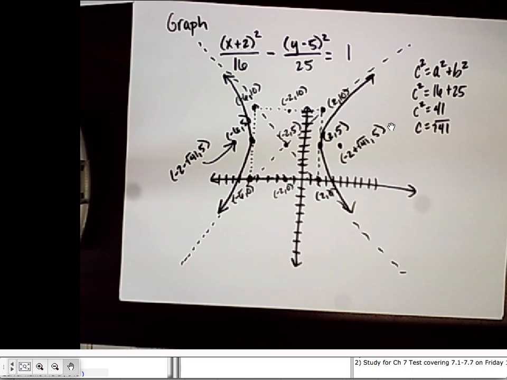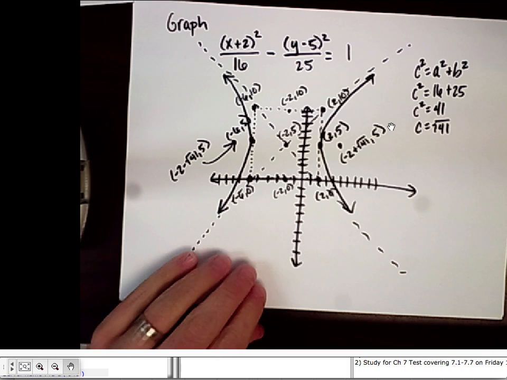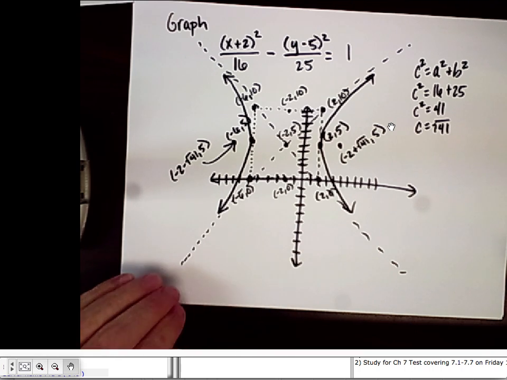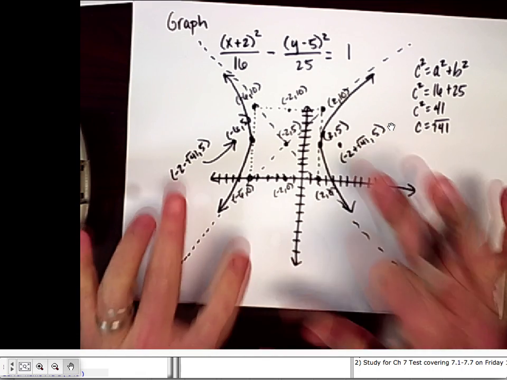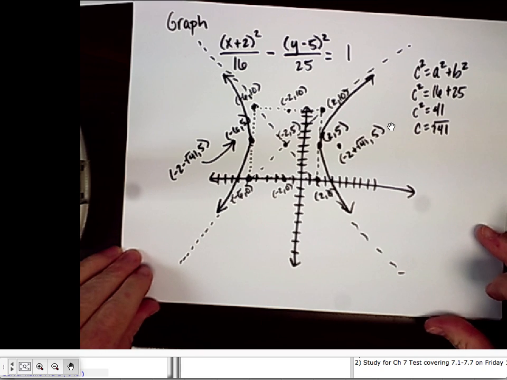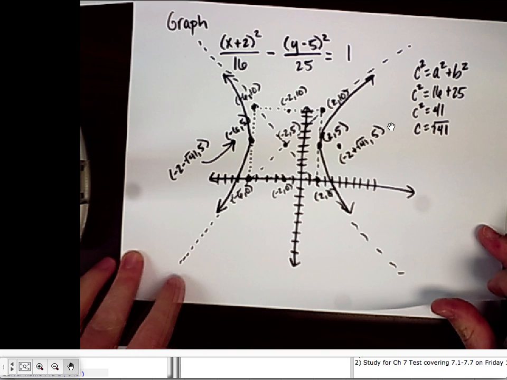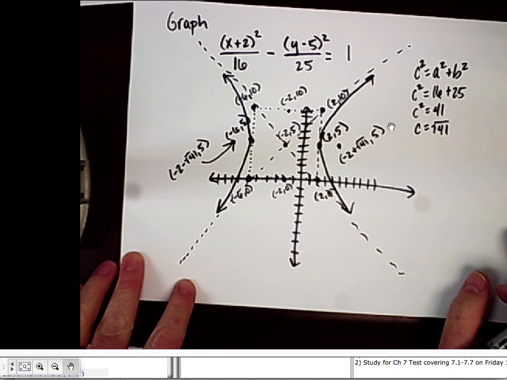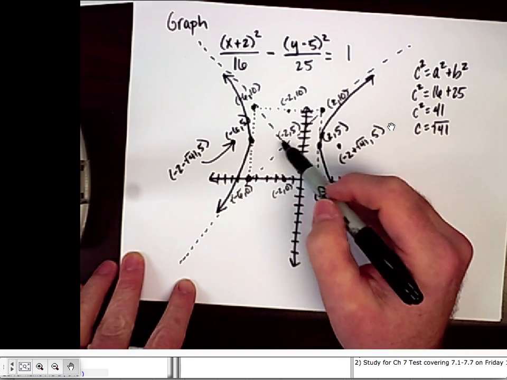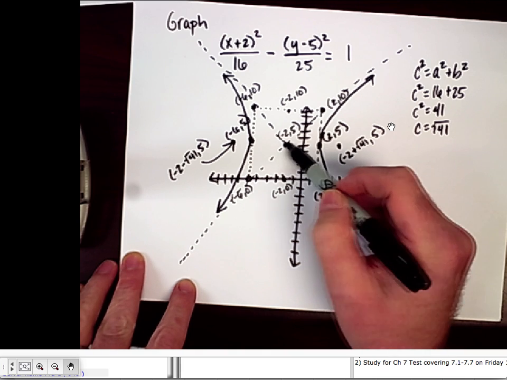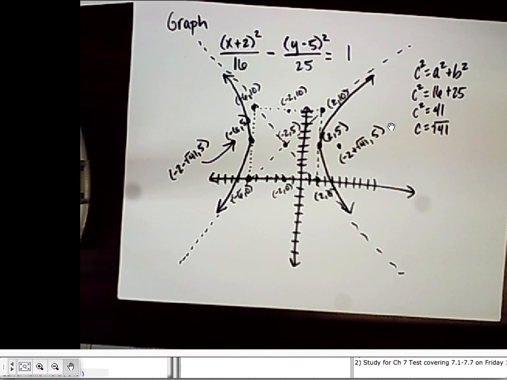Yeah, so the focus is a point. You're just finding the point. So you have two of them. X is -2 plus the square root of 41, because it's got to be the square root of 41 away. So this distance has to be square root of 41.